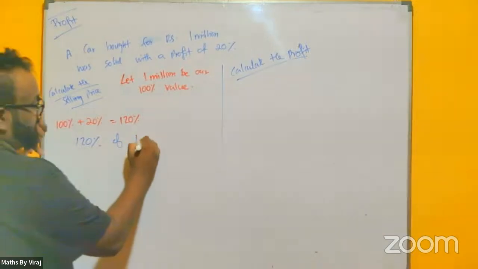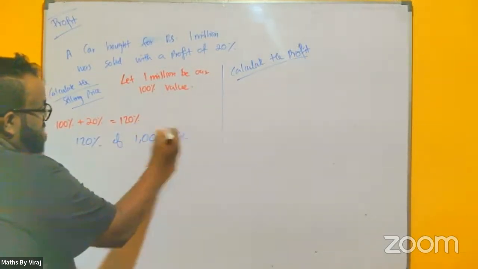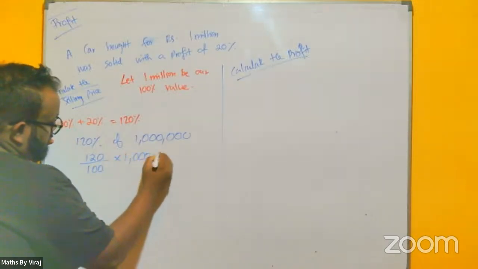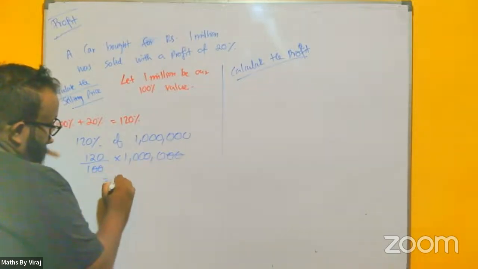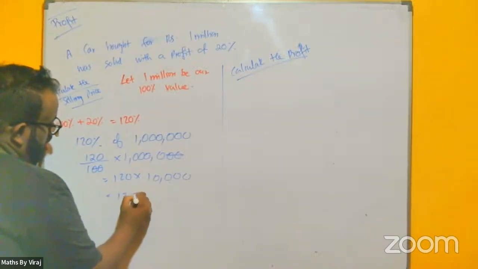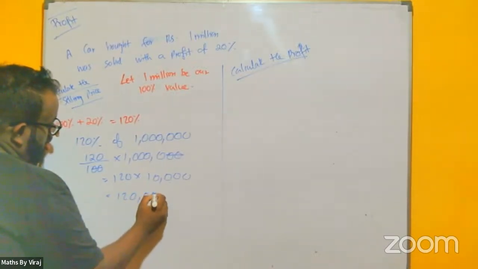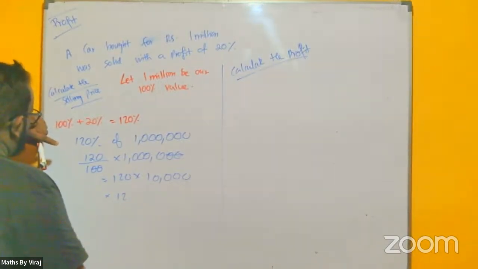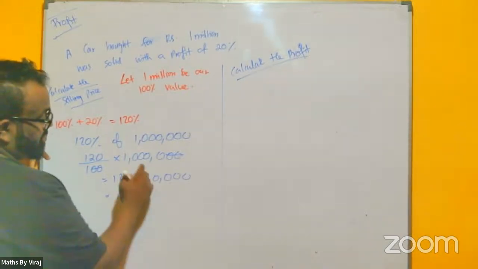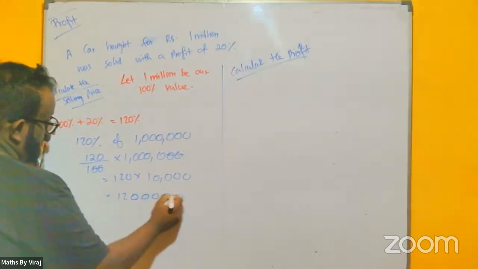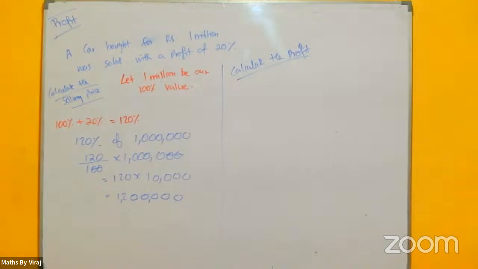120% of 1 million. From this, can we calculate the profit?